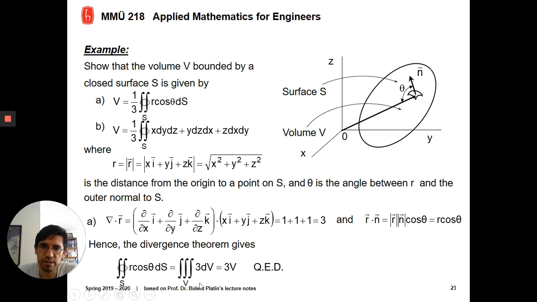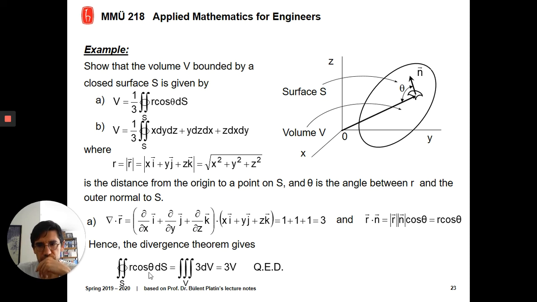And the right hand side is very obvious: 3 dV will be 3 V's. And where do the other components come from? I multiply R by N for my left hand side.